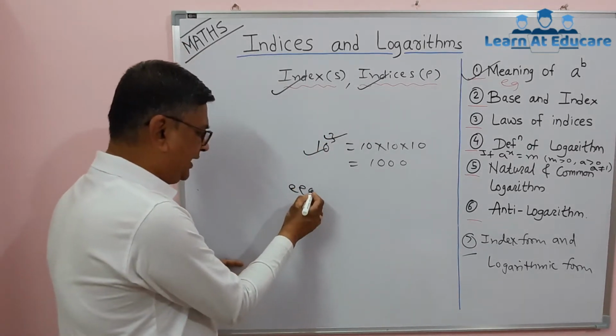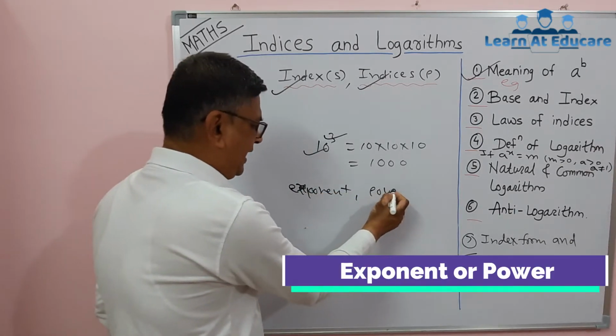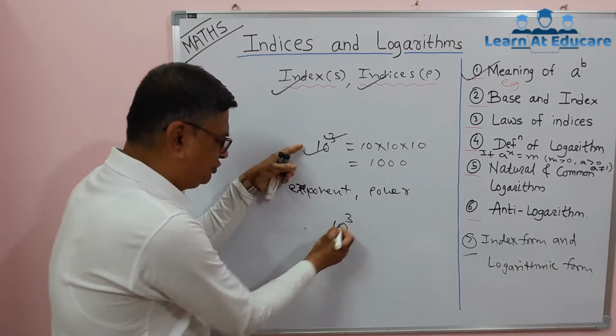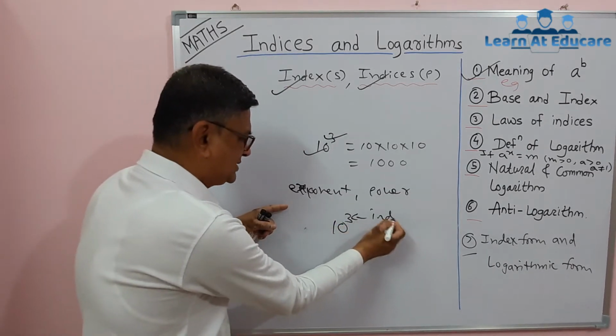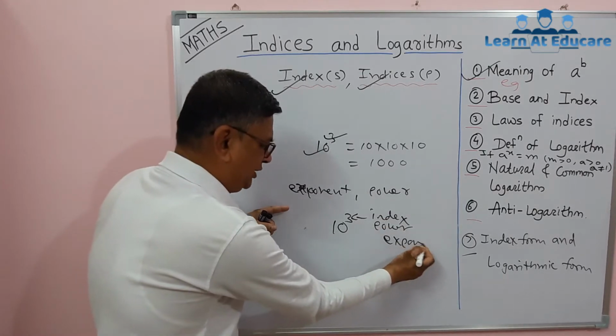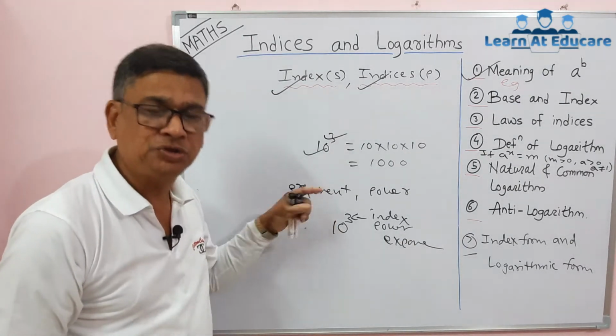Index is also called exponent, index is also called power. So when you write 10 raised to 3, 3 is the index, or it is called power, or exponent, and it is read as 10 cube or 10 raised to 3.